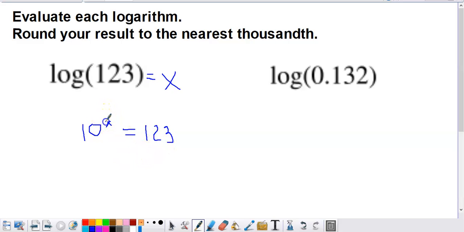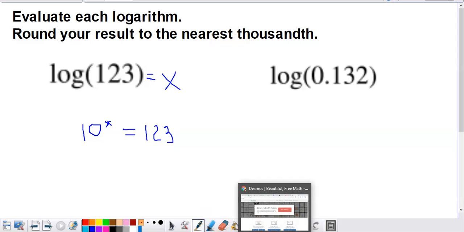Can you ballpark it? Yeah, sure. You can think, well, 10 squared is 100, 10 cubed is 1,000, so I'm between 2 and 3 and way closer to 2 than to 3, since this value is way closer to 100 than it is to 1,000. So you can ballpark it that way, or you can get a little bit better degree of accuracy than just a flat out estimate by going to a calculator.